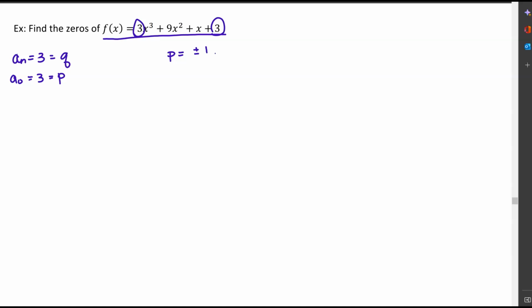All right, so when we look at the factors of p, we're going to get plus or minus 1 and plus or minus 3. When we look at the factors of q, again, we get plus or minus 1 and plus or minus 3. So when we're looking at the factors of p over q, it's all those possible combinations: plus or minus 1 over 1, plus or minus 1 over 3, plus or minus 3 over 1 and plus or minus 3 over 3.